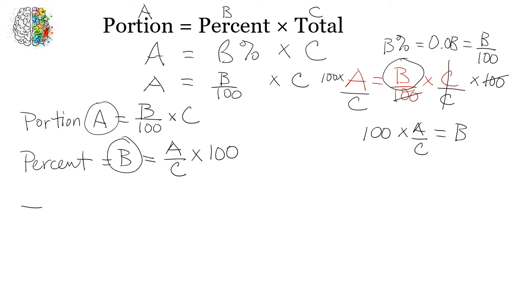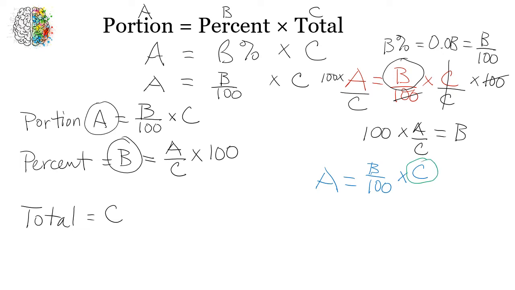Now the last one is solving for the total, C. So once again, we're going to take this original equation. So I have A equals B over 100 times C, and I want to get C all by itself.